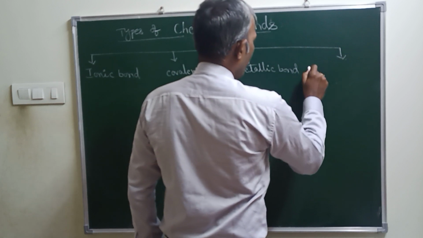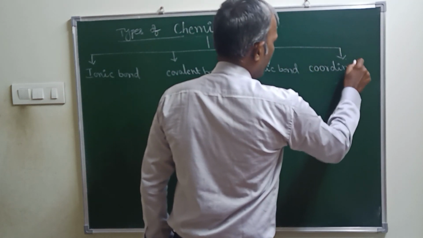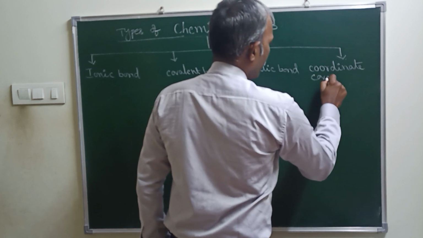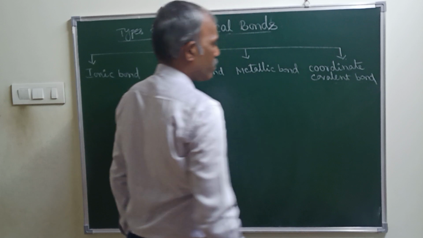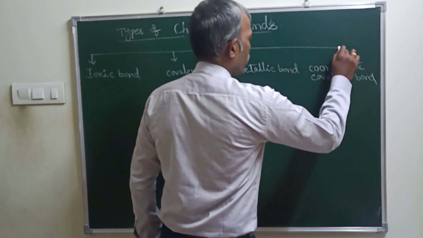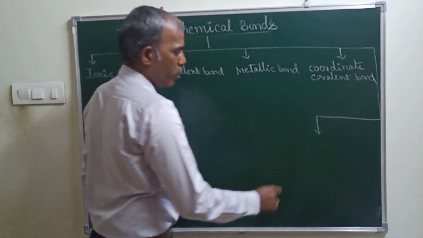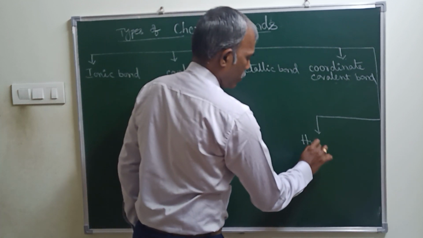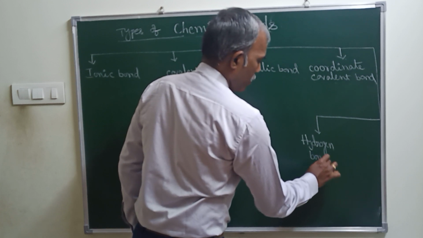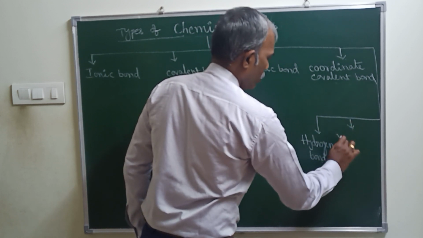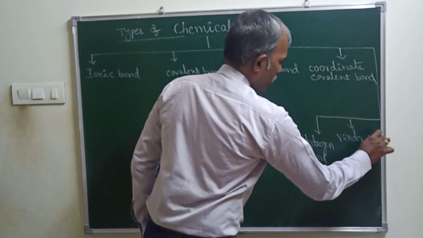And the next one, coordinate covalent bond, also called dative bond. In addition to these, there are two more: hydrogen bond, which is weaker, and van der Waals forces.